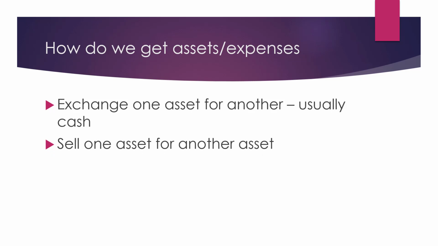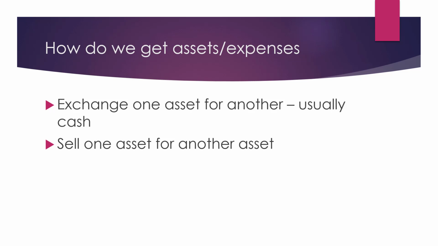A second one that's very closely related is we sell an asset for another asset. Usually what we're selling is inventory. That's the stuff we make in order to sell, and we sell it for either cash or for a promise from the customer to pay us later, which is a receivable and is an asset.